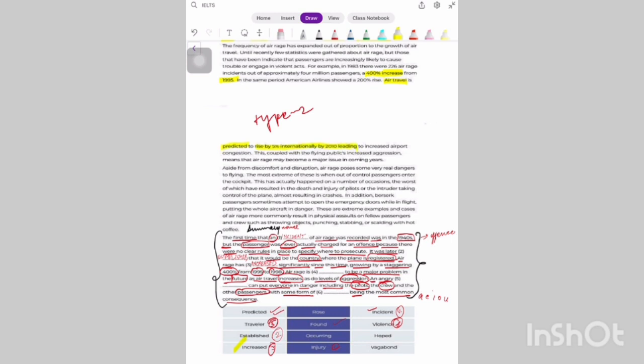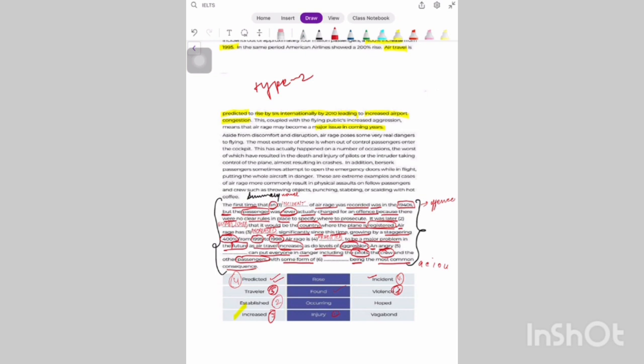This would mean flying in public's increased aggression means that air rage may become a major issue in coming years. So obviously the answer is predicted, as we guessed. This is answer number 4. Air rage is predicted to be a major problem. An angry dash. An angry traveler, we predicted.